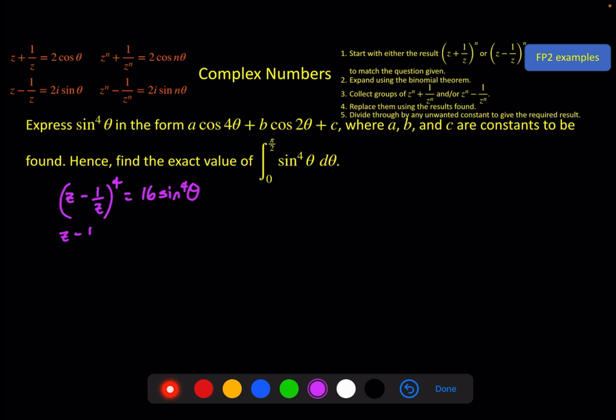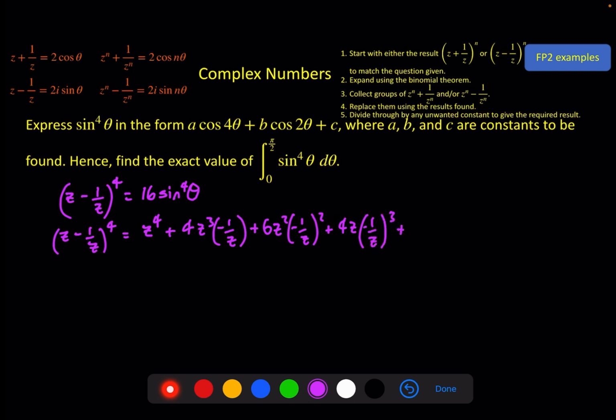And then this thing here, we need to expand it, which gives us z to the 4 plus 4z cubed times minus 1 over z plus 6z squared times minus 1 over z squared plus 4z times minus 1 over z cubed plus minus 1 over z power 4.